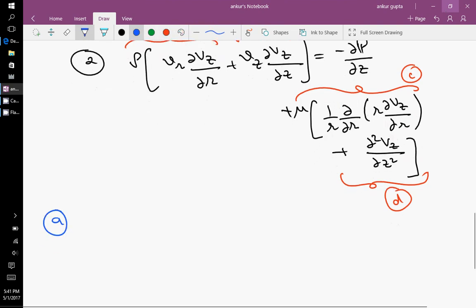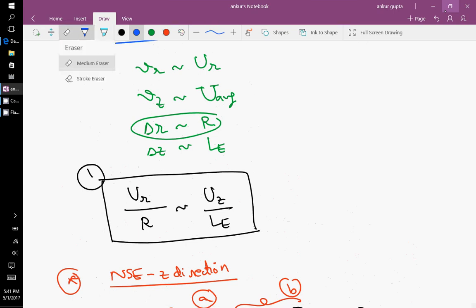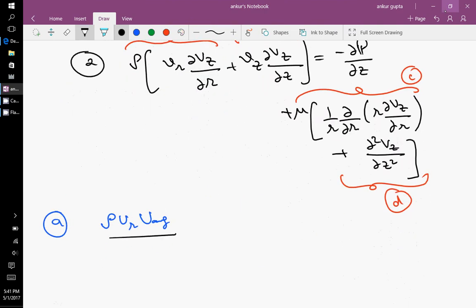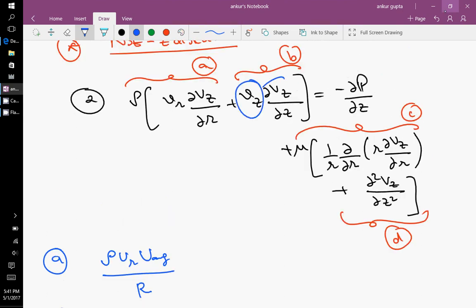The first term would be rho Ur U average by R. Sorry, let me correct this and call it U average to be consistent. This is term A. The first term was Ur into U average by R, right?